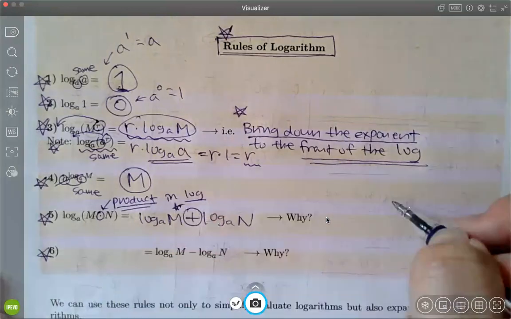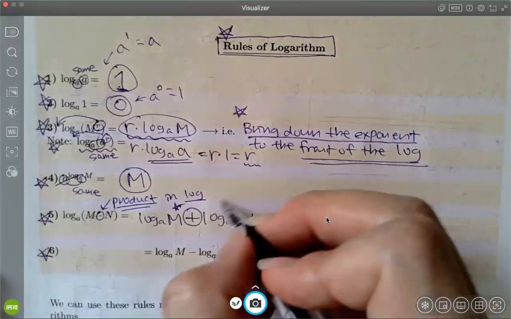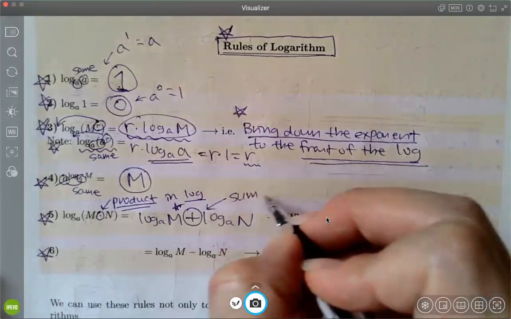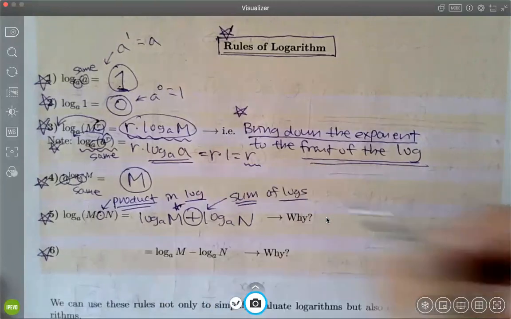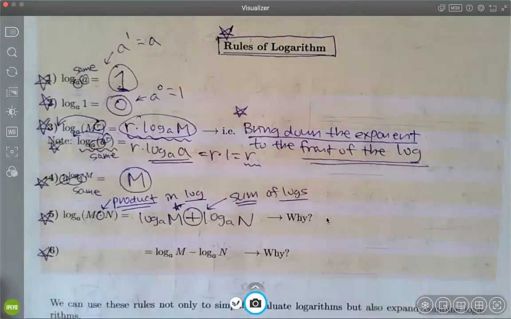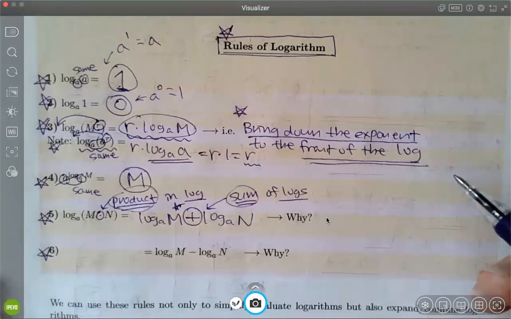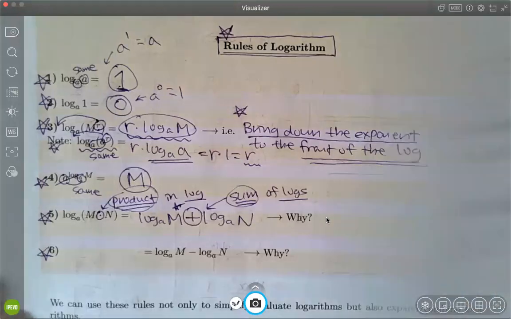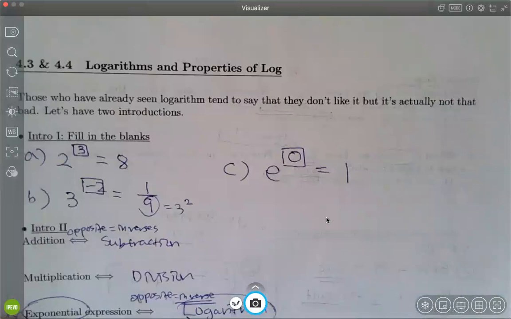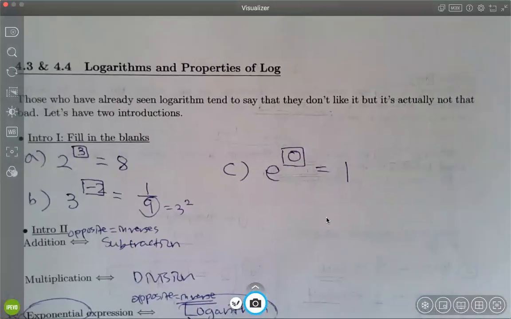So what does that mean? You now have the summation of the logs. Why? What's the reason? Why does the product change into the addition sign? Remember from our earlier introduction, which was right here, we saw that logarithm is the same thing as writing the exponents.